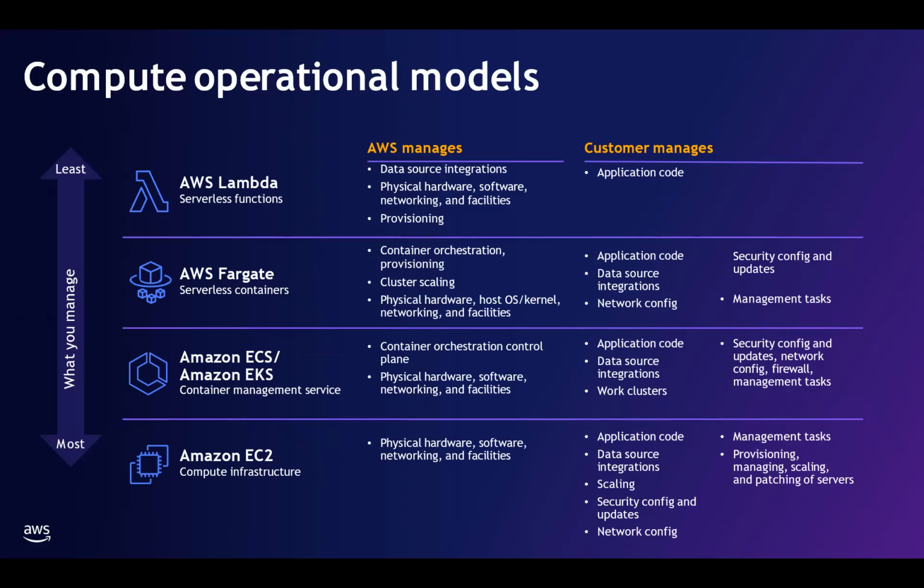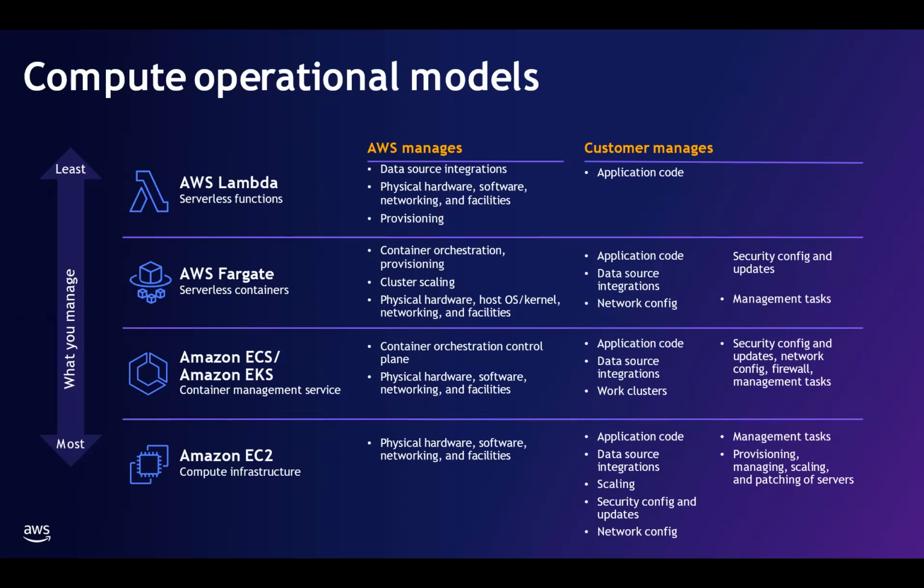For example, if we compare Amazon EC2 with AWS Lambda, in Amazon EC2, AWS is just managing physical hardware, software, networking, and facilities. The rest of the things are being done by the customer, like application code, scaling, security configuration and management, and a few other things also.